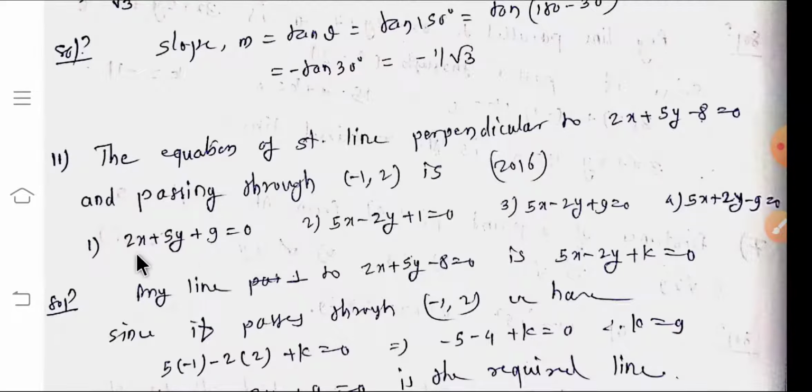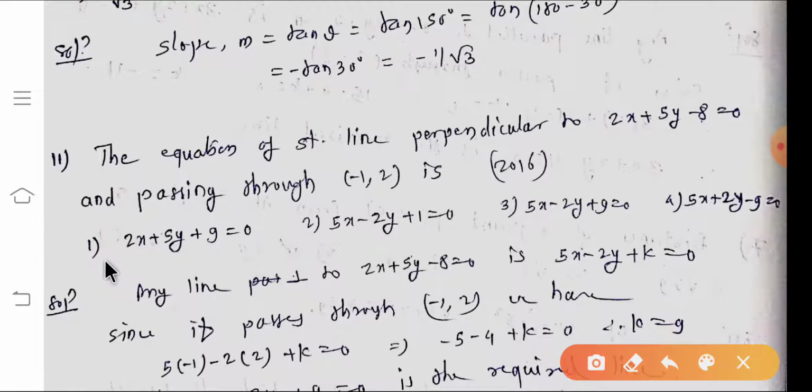In the first equation, putting x equals minus 1, 2 into minus 1 is minus 2. Minus 2 plus 5 twos are 10, 10 minus 2 is 8, plus 9 is 13, which is not equal to 0. In the second, 5 ones are minus 5, this is minus 4, which is also not equal to 0.